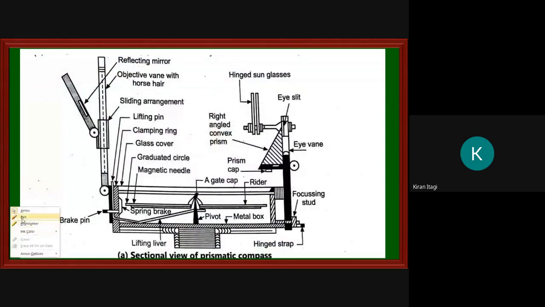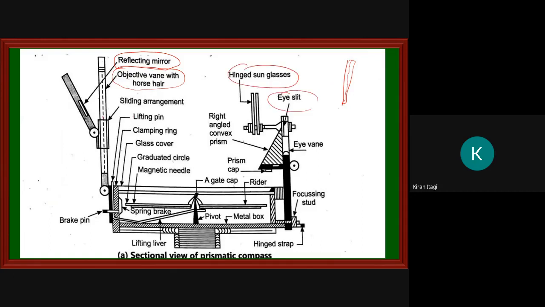See, this is the sectional view of the prismatic compass. It gives the detailing. It consists of the reflecting mirror, the object vane with the horsehair, which is a hole where a thin horsehair is provided so that you can see through it.